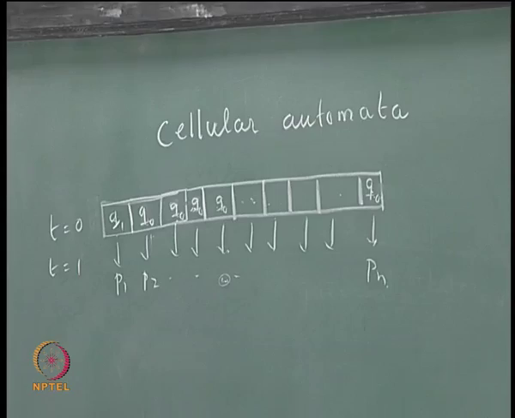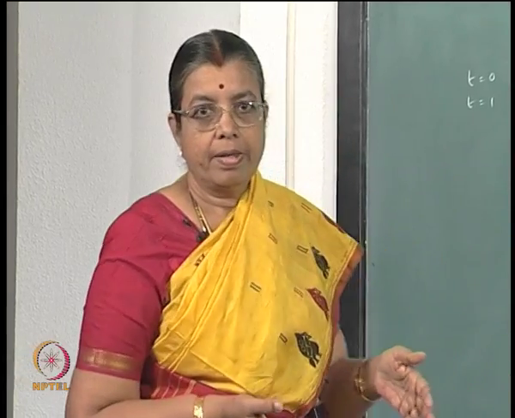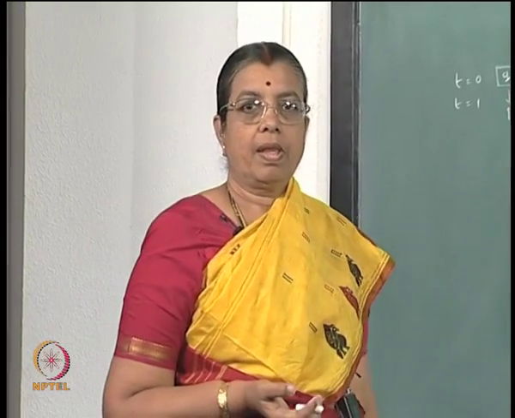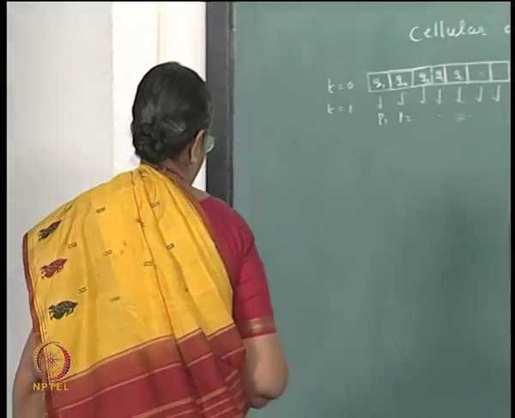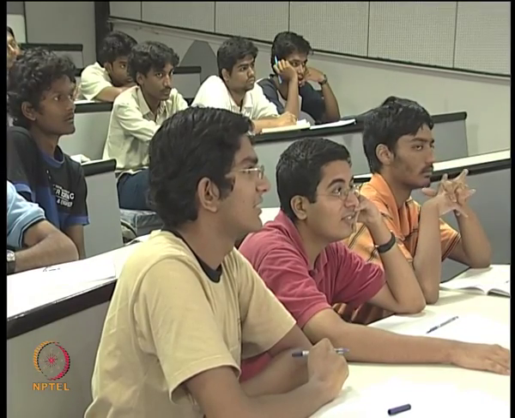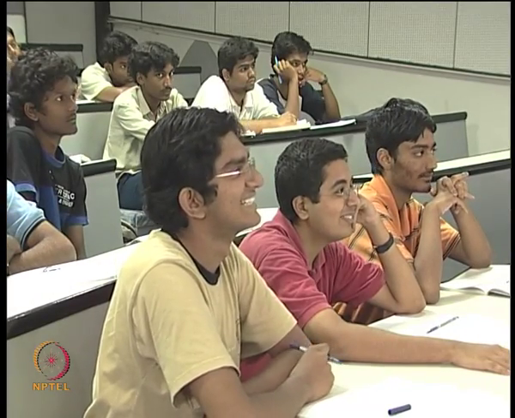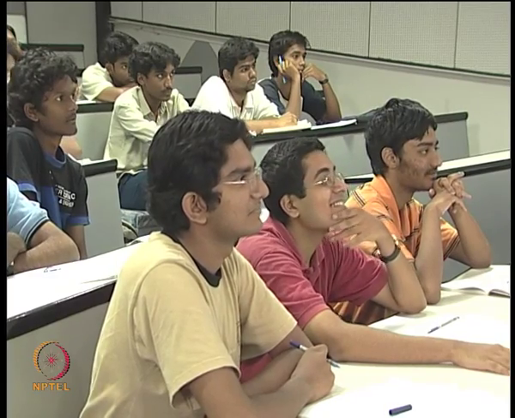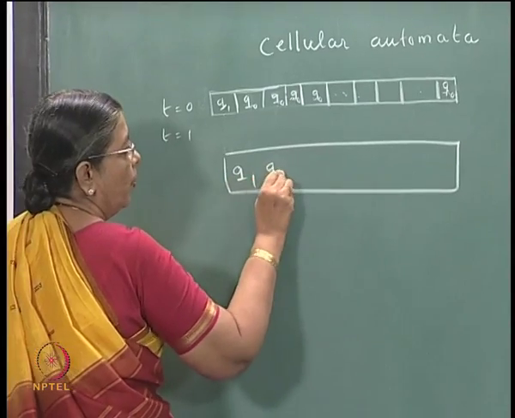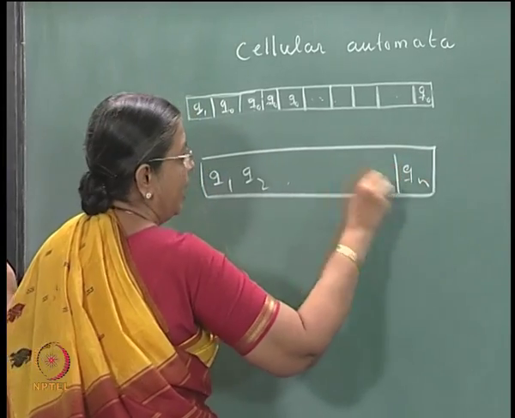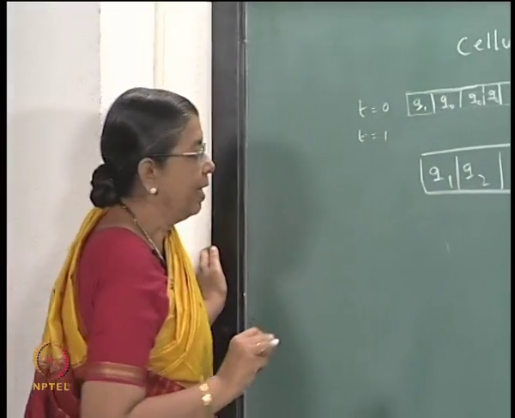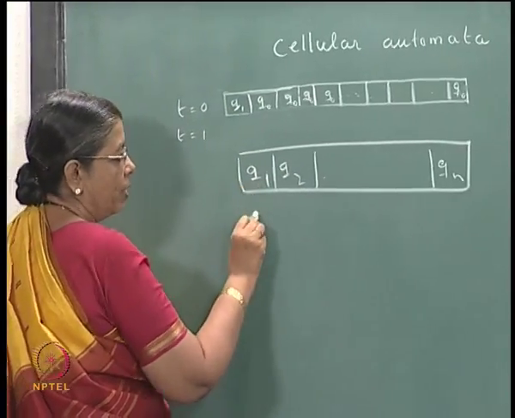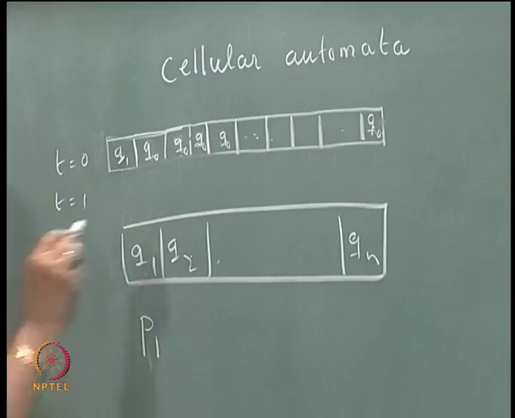Is the transition sequential or in parallel? The transition is parallel. So, for the second cell, is it delta of Q naught, Q naught, Q naught, or delta of, let us say, P2, Q naught, Q naught? No. Instead of Q naught, initially let me take it like this, Q1, Q2, Qn, n cells are in these states. In the next instance Q1 will change to P1 depending on Q1 and Q2, because this will not consider the left neighbor.